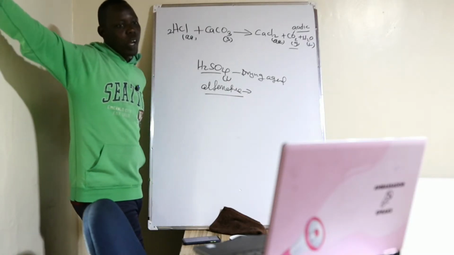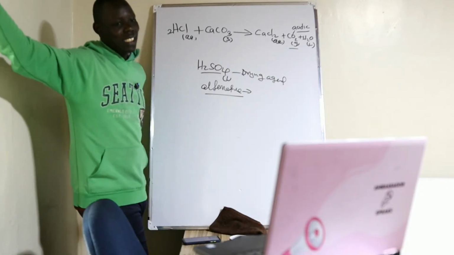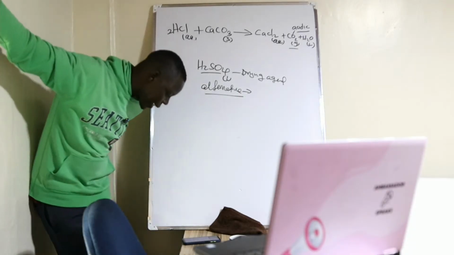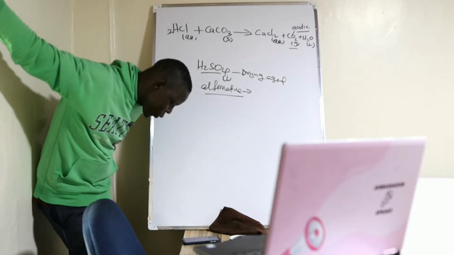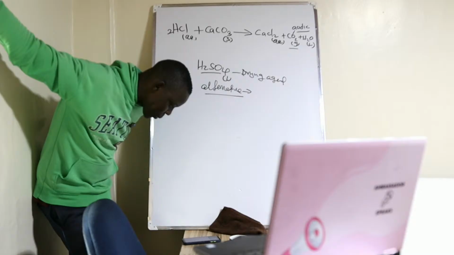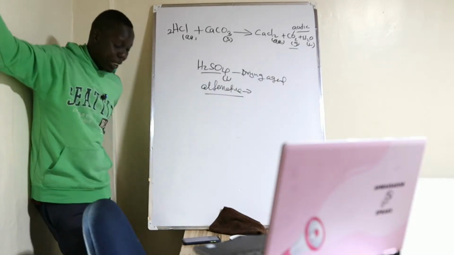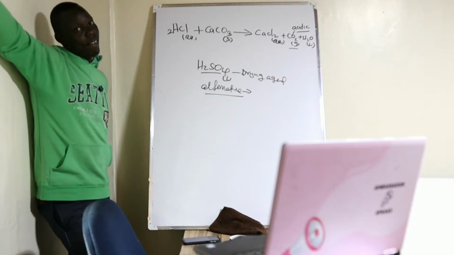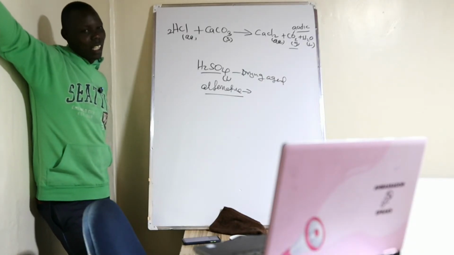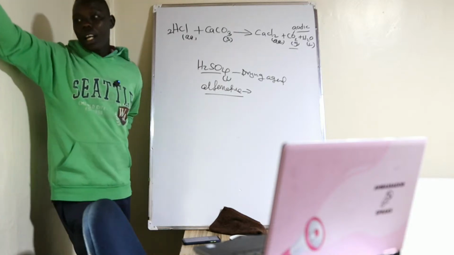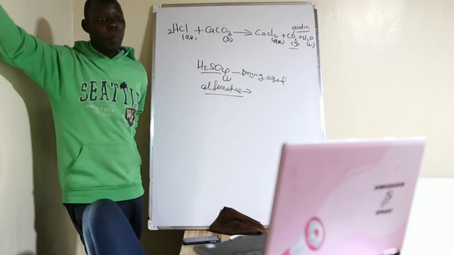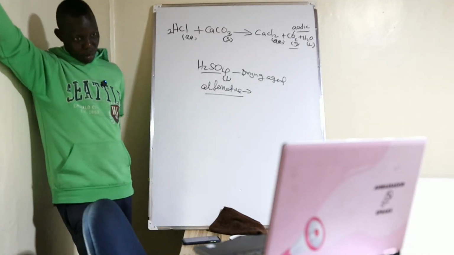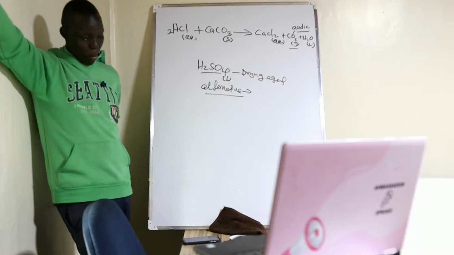So here, we will use what we call anhydrous calcium chloride. So who is right? Melvin, we cannot use calcium. You are right. Your first answer was correct, Melvin. It is anhydrous calcium chloride. Ukiandika calcium chloride, walai, bilai, hautapata. Tumeelewana? Yes.